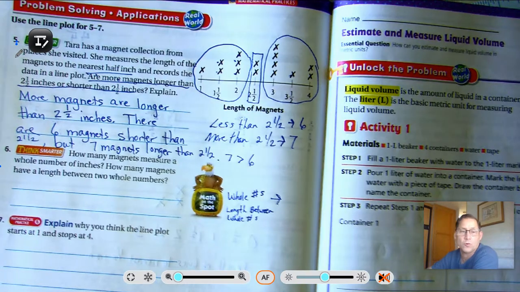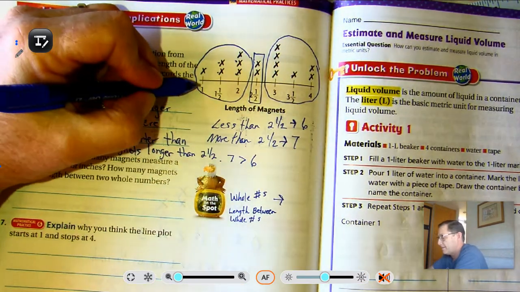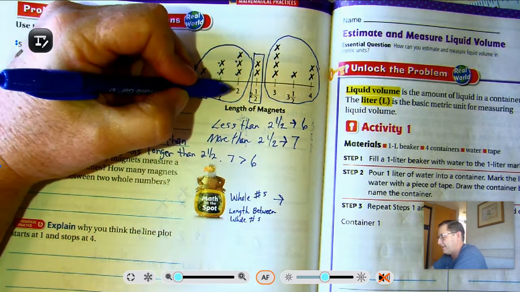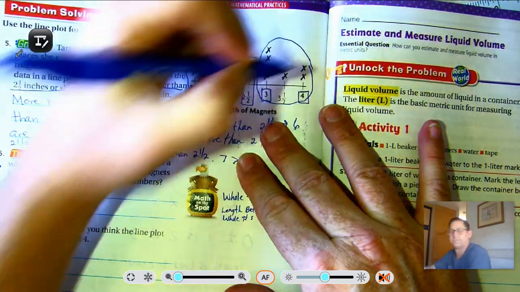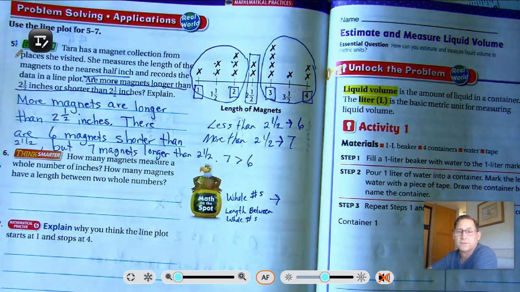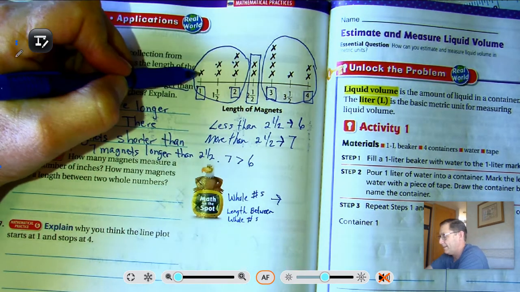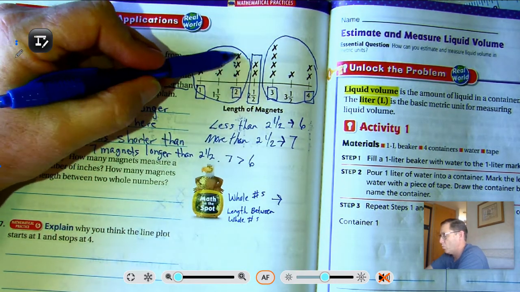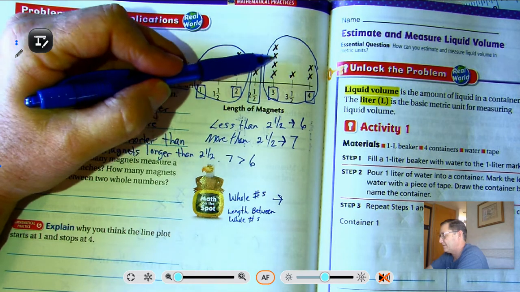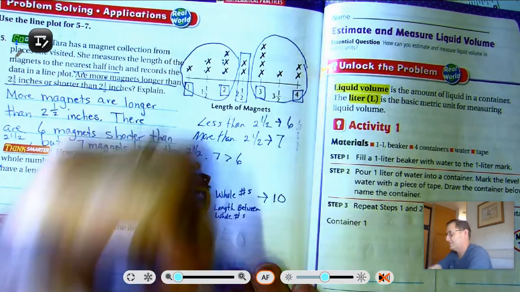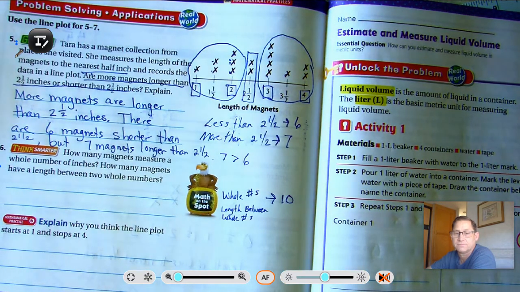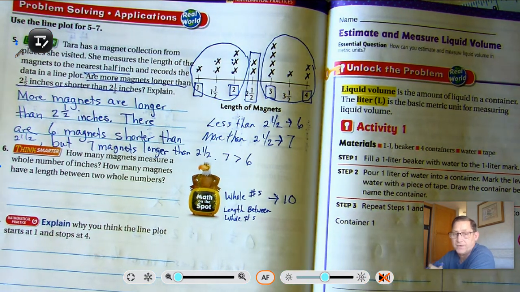All right, so how many are whole numbers? Well, anything that is a counting number is a whole number. So 1, 2, 3, 4, 5, 6, 7, 8, 9, 10. 10 are whole numbers. The rest have to be somewhere between, right?